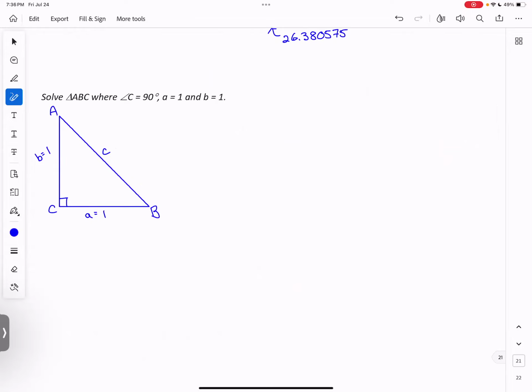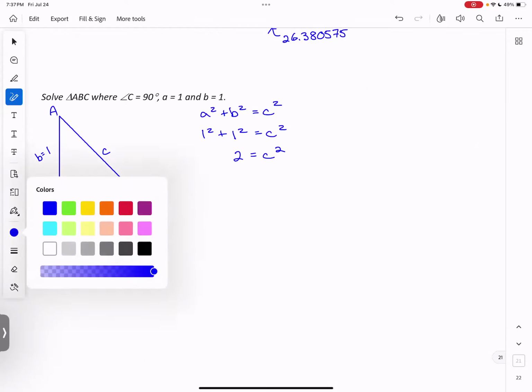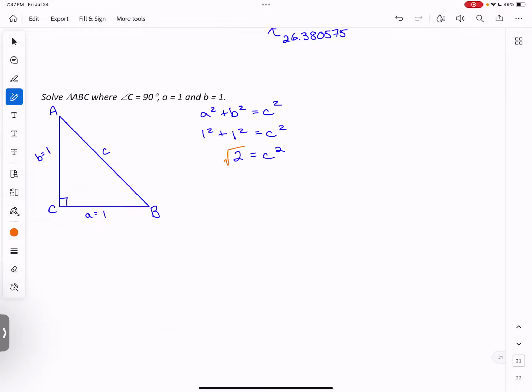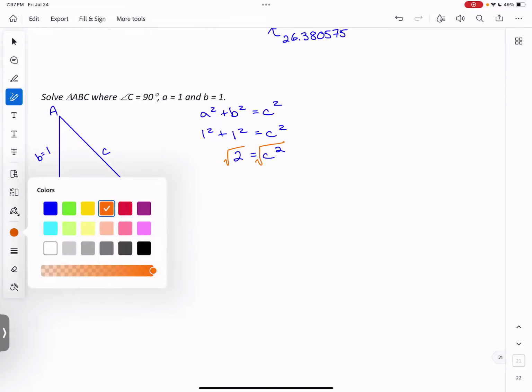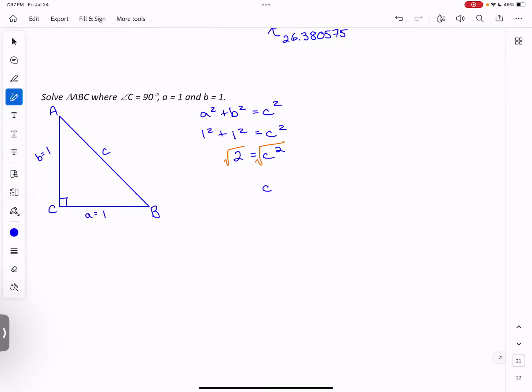So let's start by finding c. So a squared plus b squared equals c squared. A and b are both 1. So c squared is 2. And so let's square root both sides. And we get c is 1.4.